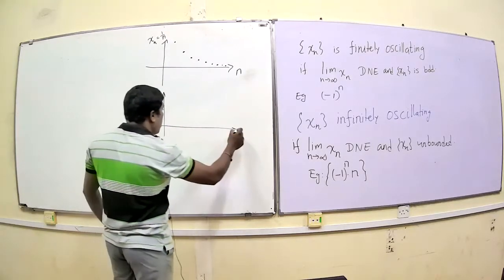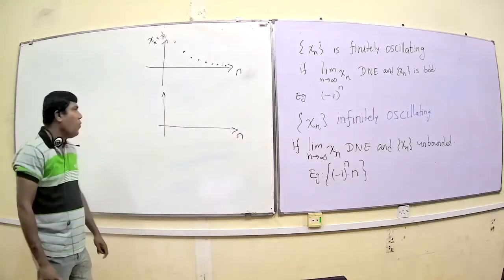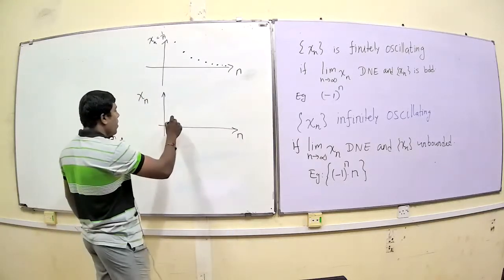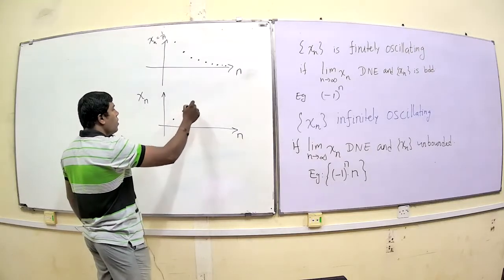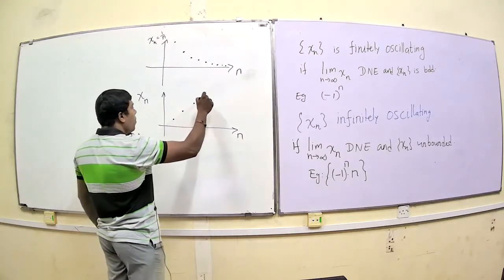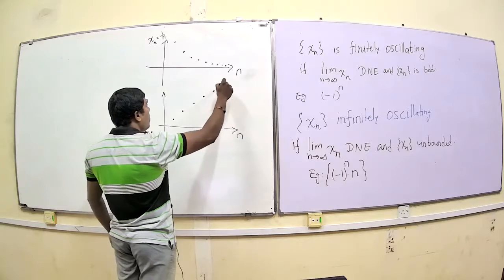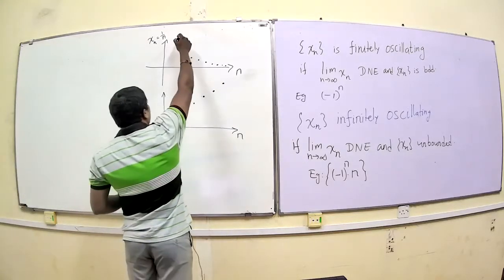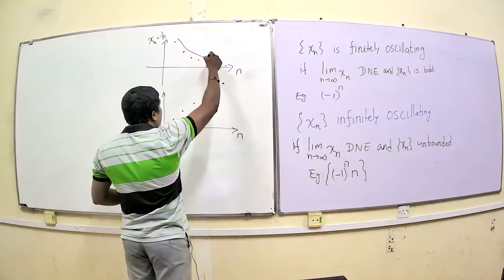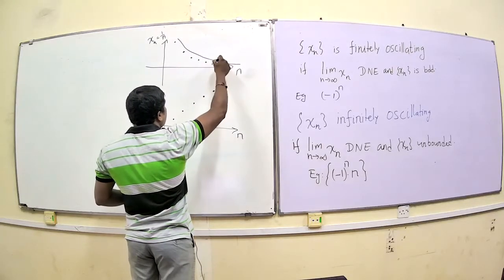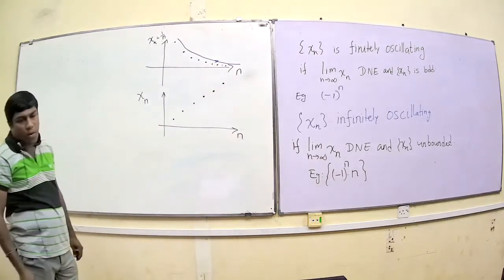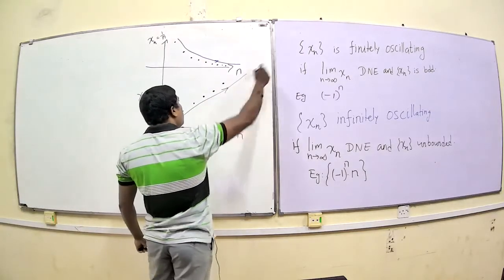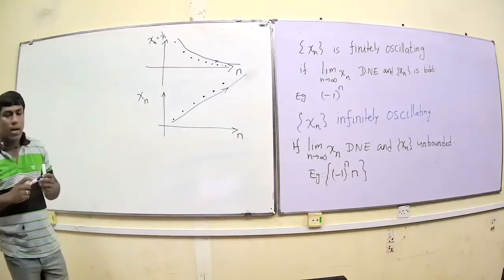Similarly, if you draw the picture of xn equal to n, so 1 is 1, 2 is 2, 3 is 3, 4 is 4, 5 is 5, 6, you can see that the pattern is going all the way to positive infinity.